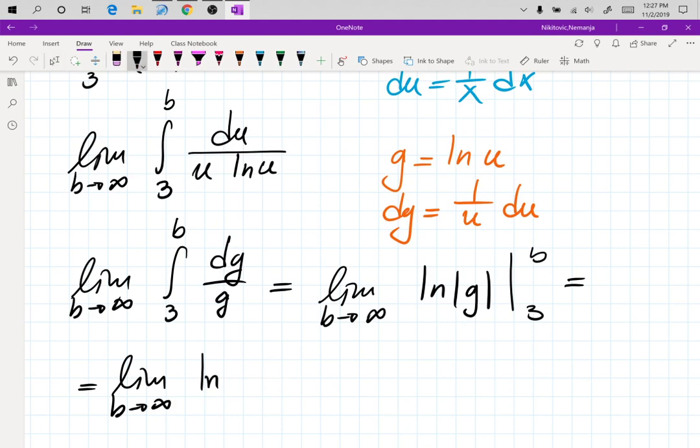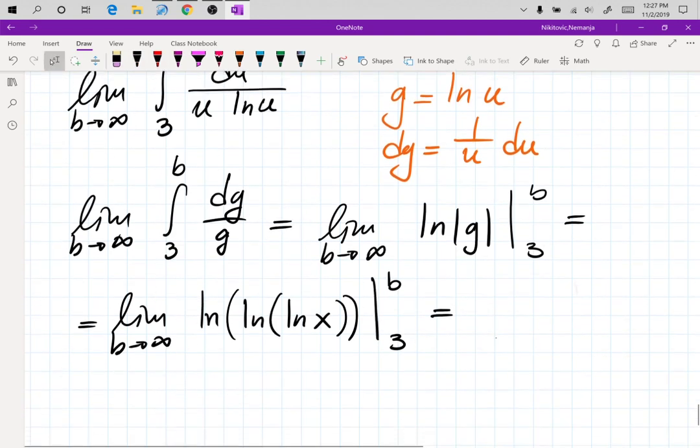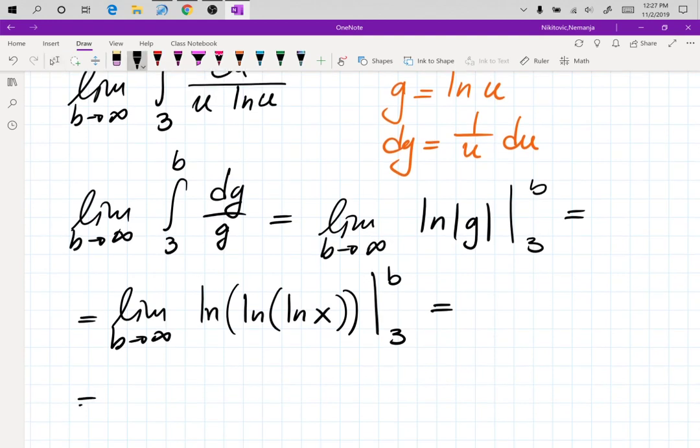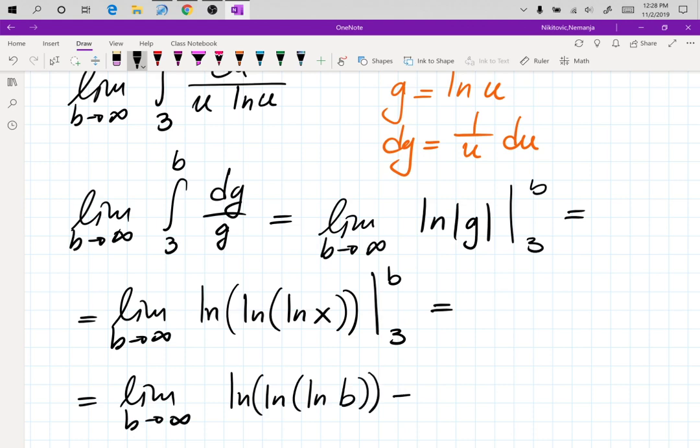So ln of ln of ln of x, computed from 3 to b. Limit as b goes to infinity of ln ln ln b minus ln ln ln 3.